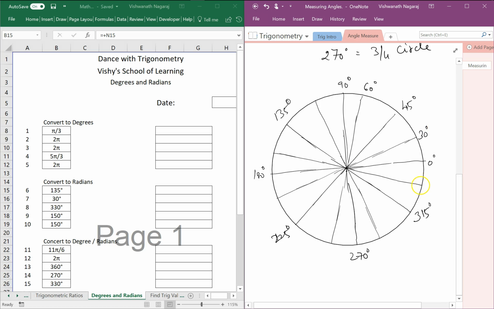Okay, now what we are going to do is create some specific angles, 30 degree. So think of it like this. This is 0 degree. If the complete circle is completed, 360 degree. 30 degree, 45 degree, 60 degree, 90 degree.